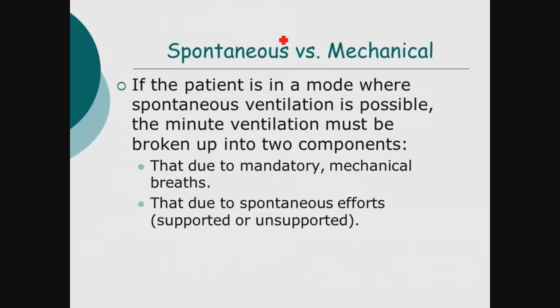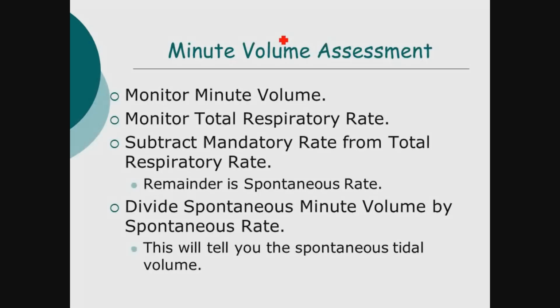Whenever we have a combination of spontaneous and mandatory breaths, as in SIMV, you need to account for both of them, because some are there from a mandatory component, and some are there from the spontaneous. So let's say I have a patient on an SIMV, meaning there are some mandatory breaths I have to account for in making up that minute volume, and there are some spontaneous breaths.